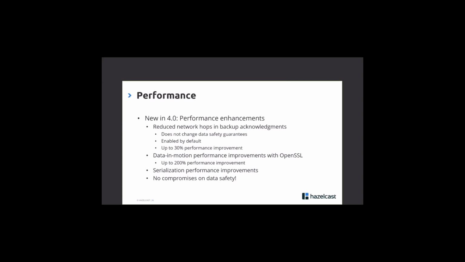So one of our core principles is to make sure that if we're improving performance, we're doing it the right way, without jeopardizing your system in terms of reliability and other guarantees that you would expect as part of a production system.